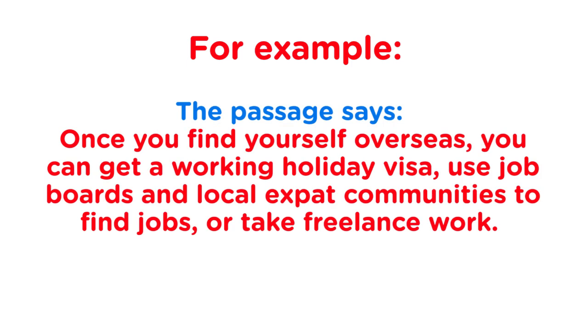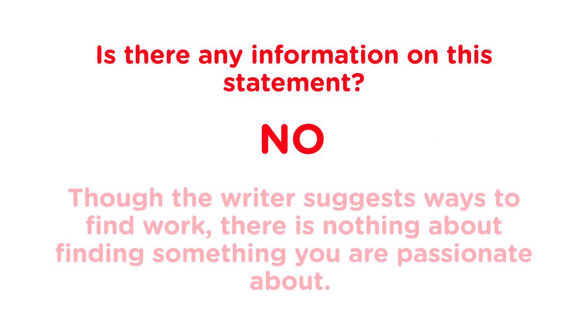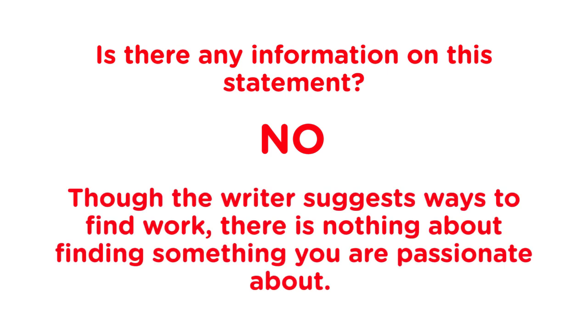The passage says, "Once you find yourself overseas, you can get a working holiday visa, use job boards and local expat communities to find jobs, or take freelance work." Is there any information on the statement? No. The writer only suggests ways to find work. There's nothing about finding something you are passionate about. So the answer is not given.